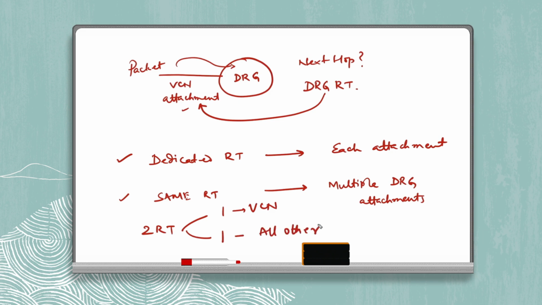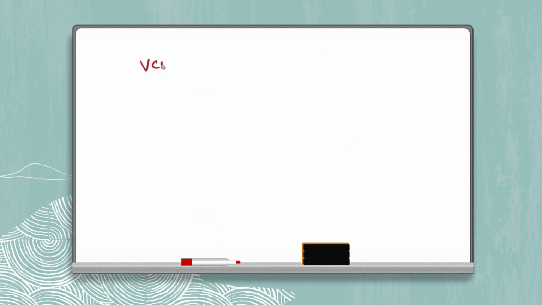Because we have also discussed the VCN route table in one of our previous lessons, it becomes very important for me to help you understand the difference between a VCN route table and a DRG route table.